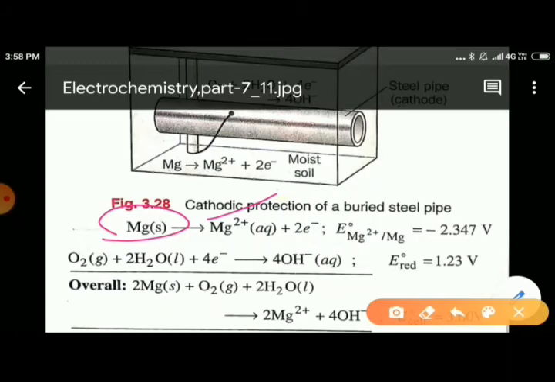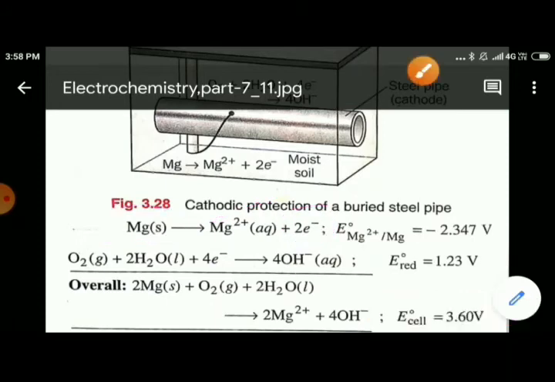So at the cathode, oxygen and water take the electrons lost during oxidation to form hydroxide ion. In the overall reaction, magnesium reacts with water and oxygen to form magnesium ion and hydroxide ion. So the overall standard cell potential is found to be 3.6 volt.